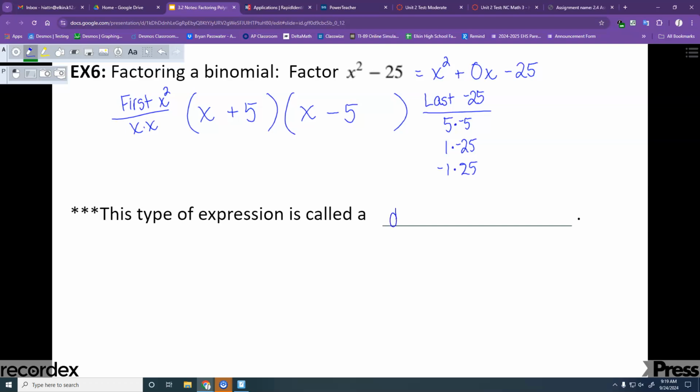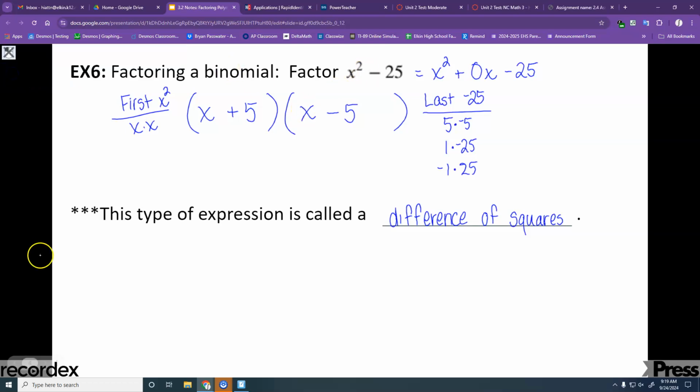It is called a difference of squares. Okay, and it's called that because both of these numbers are perfect squares. You can take the square root of them and have a minus between them, which makes them a difference.